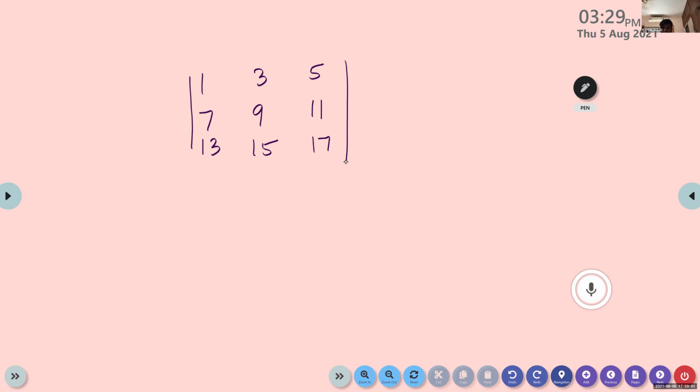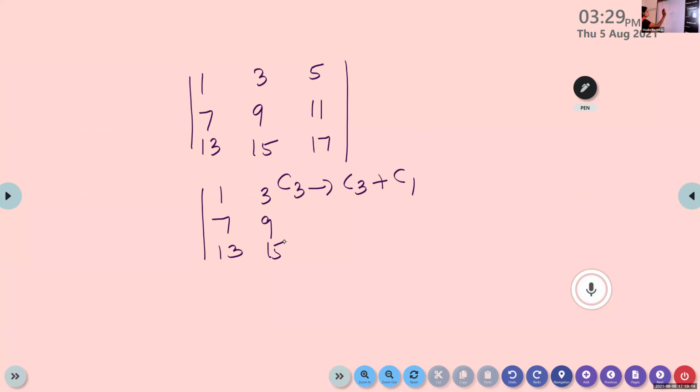C3 gets C3 plus C1. So 1, 7, 13, 3, 9, 15. So third column, C3 gets C3 plus C1, it will become 6, 18, 30. Okay.